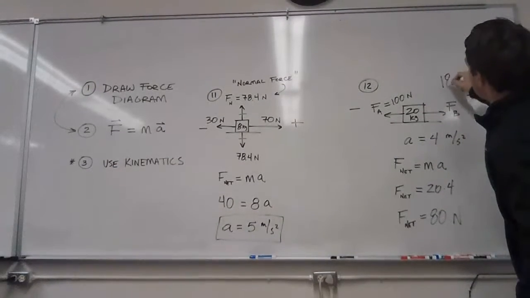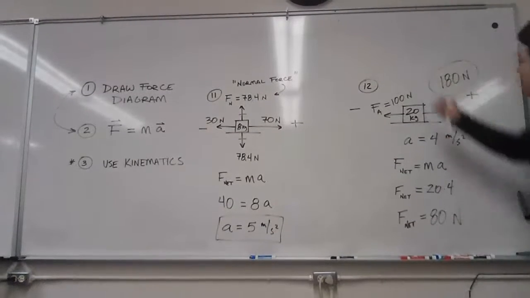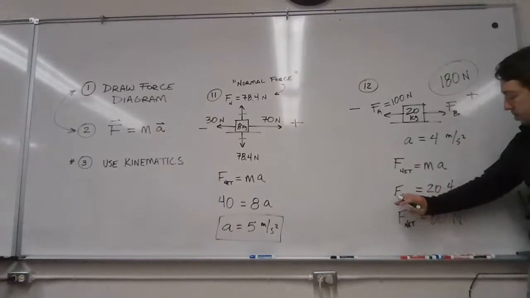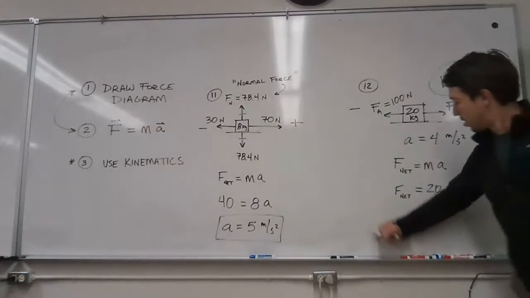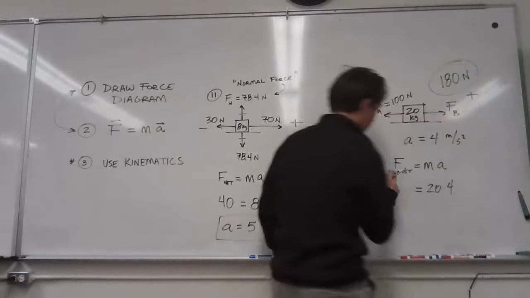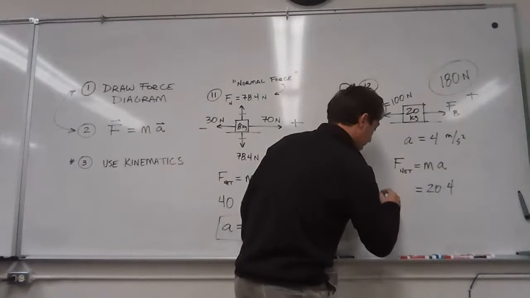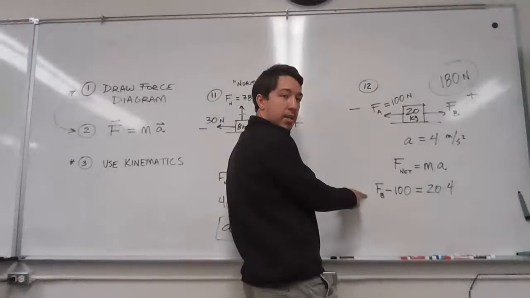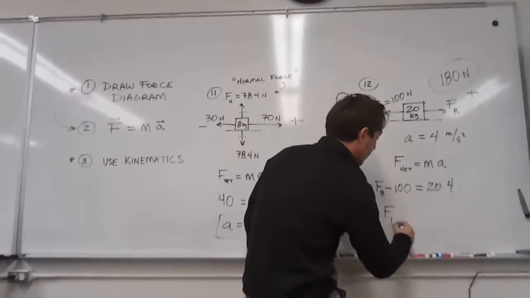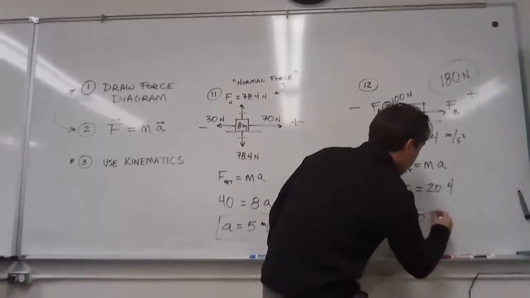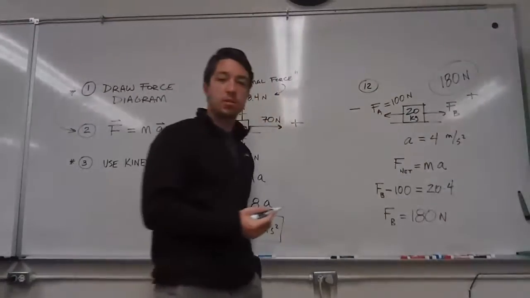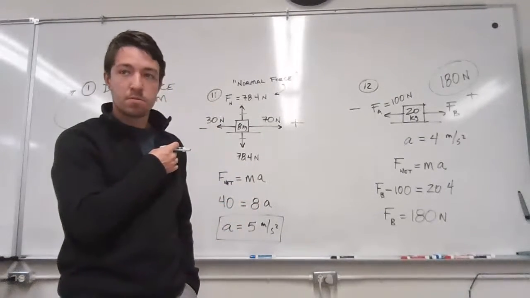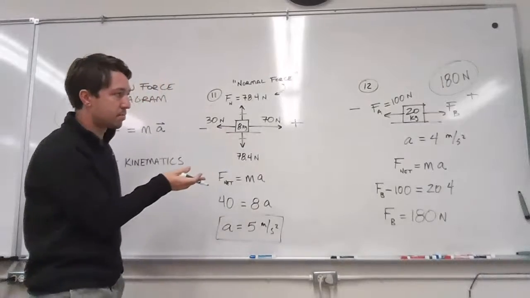So the answer is 180 newtons. That make sense? Now, here's what I was talking about a moment ago. You might prefer to go, well, I know that F net is going to end up being F sub B minus 100. See how you could have done that? And then you're solving it directly in your formula. So it's up to you. It's your preference. How do we feel about that?